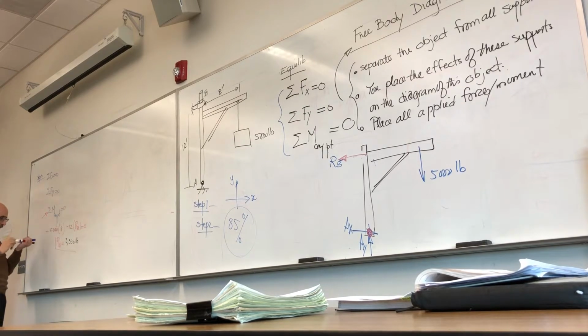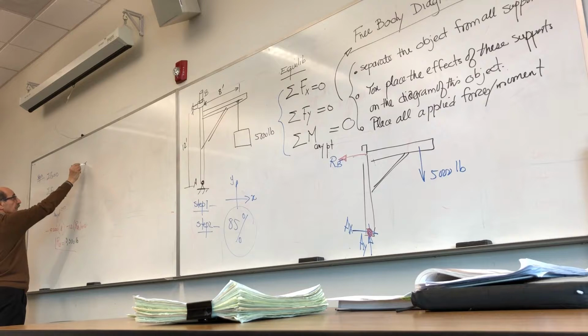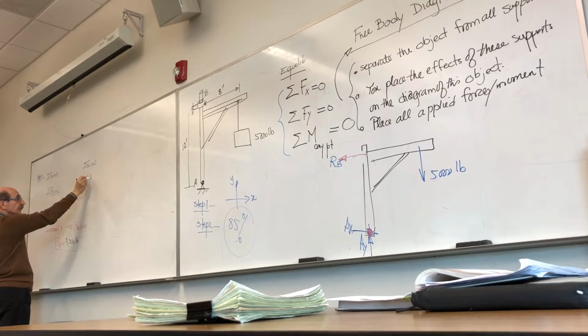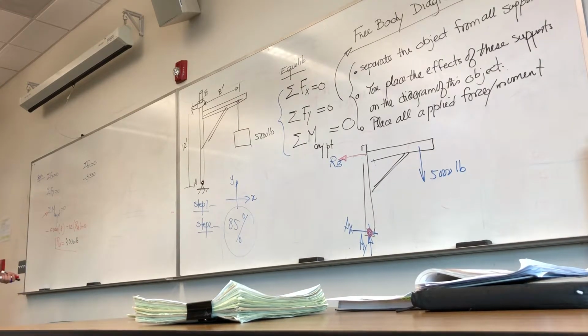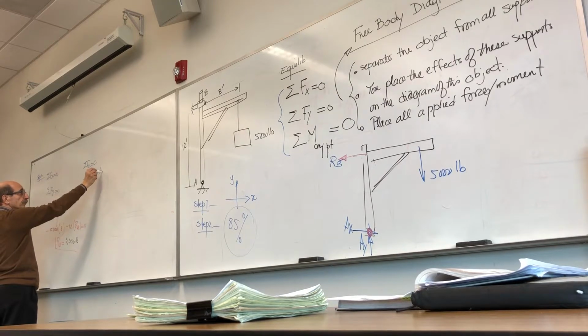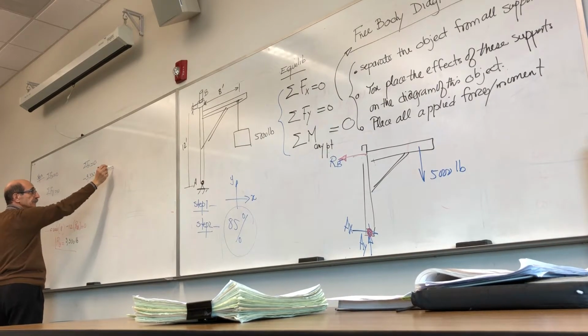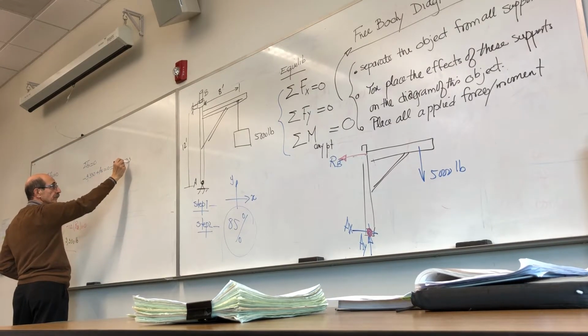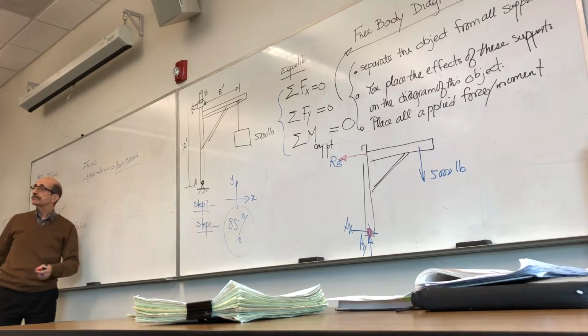Now you apply the other equations. Summation of forces along x is 0. You have a net force in this direction, 3,330, RB plus AX equal to 0. That means AX is also 3,330 pounds. Okay?